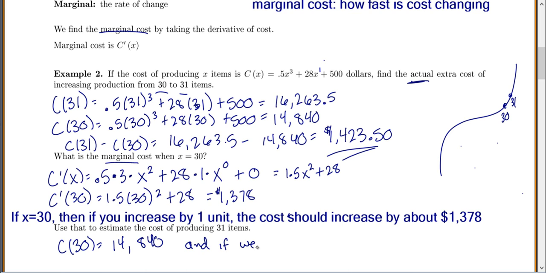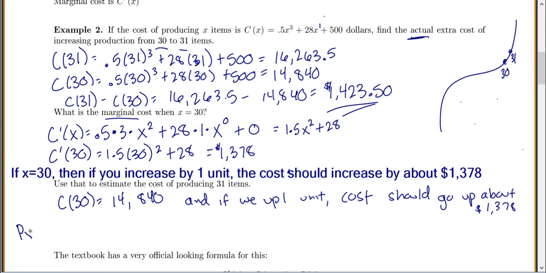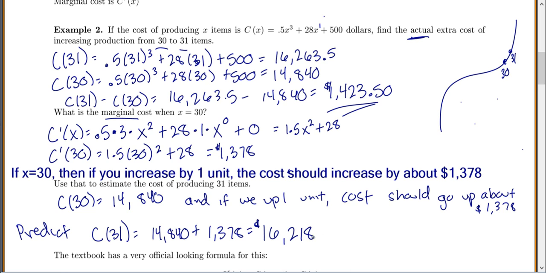And if we go up 1 unit, cost should go up about 1,378. So we are going to estimate that C of 31 will be our 14,840 plus how much we think it should go up by, which is 16,218. So this was our estimate.